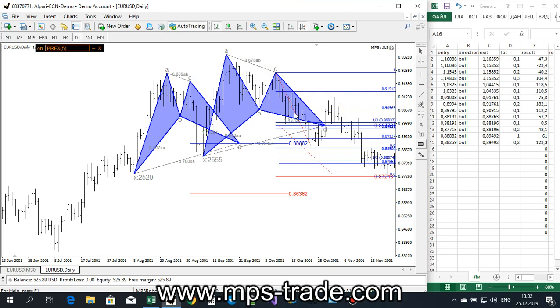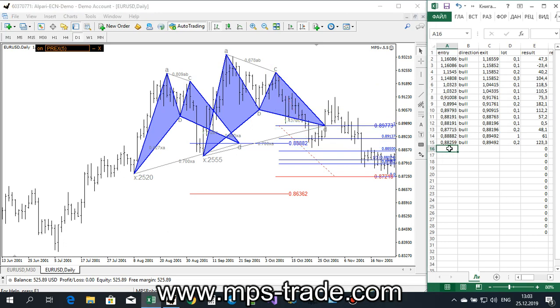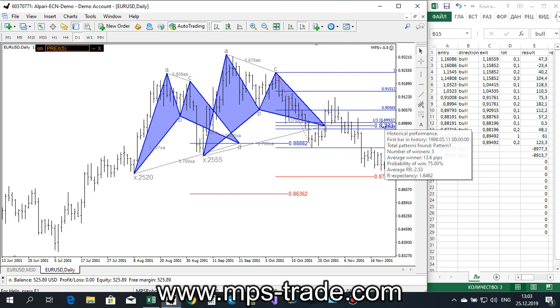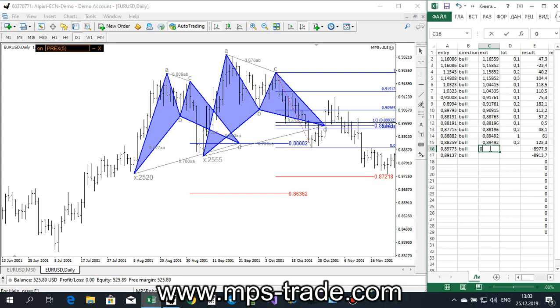Okay, so let's do it. First we type this completion, 0.89773. So the second is 0.8937. Yes, so they are all bull and bull and bull. And now we stretch the exit, and the exit of 1/3 was 89.93.2. Exit is the same for both positions.